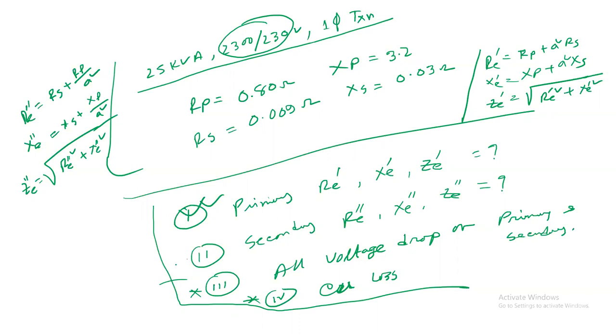Sir, in the second term, R double prime is equal to RS plus R single prime by A or RB. I'm not clear on your question. Just repeat your question.